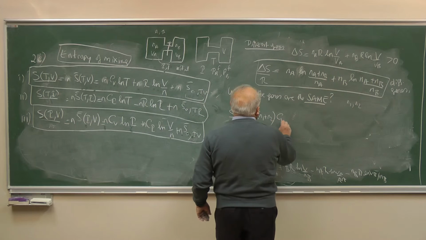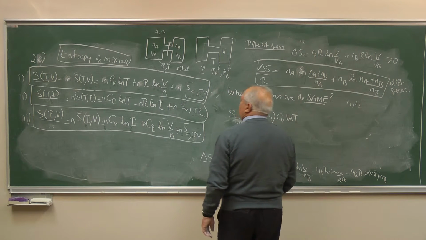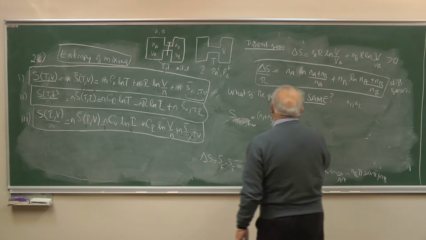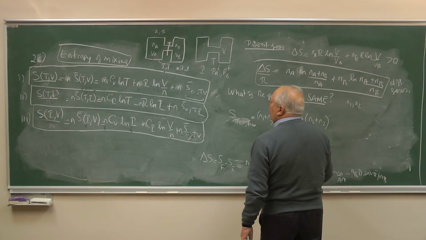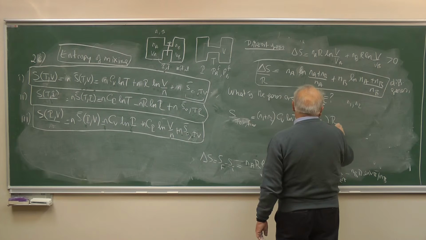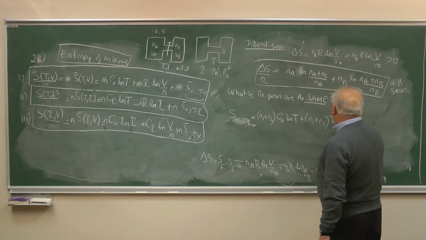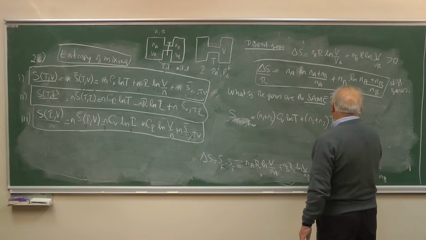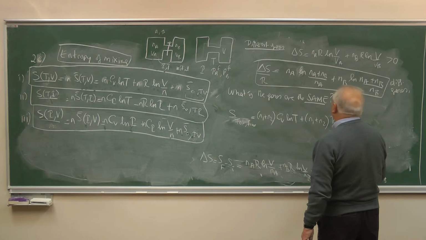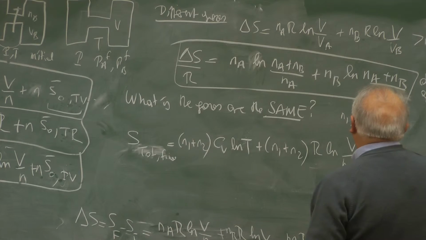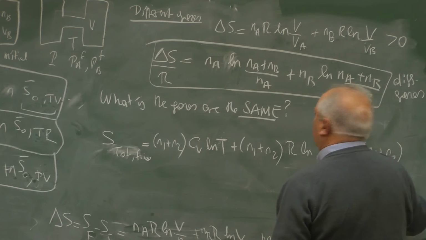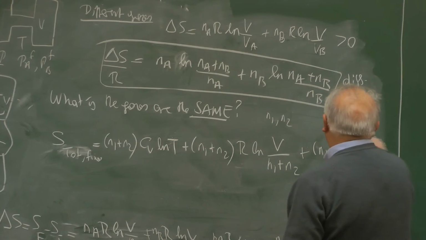CV log T plus N1 plus N2 R, now this is important, log V over N1 plus N2, plus N1 plus N2 S0 TV.